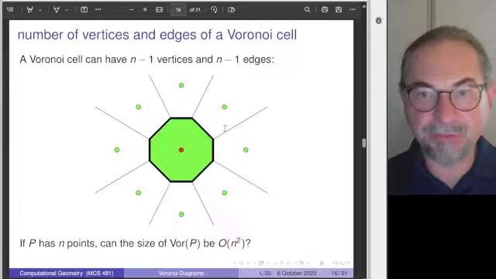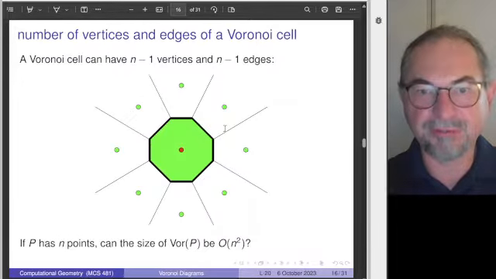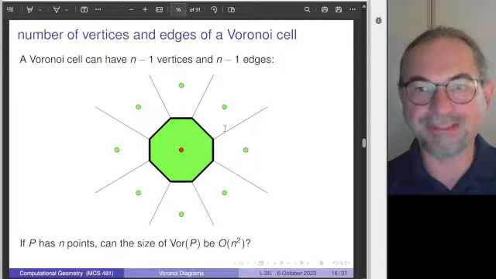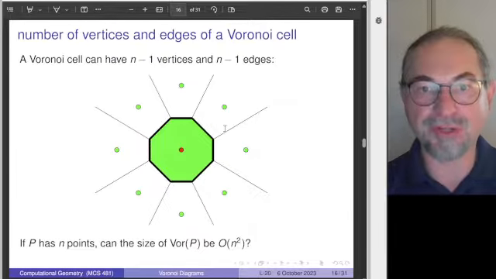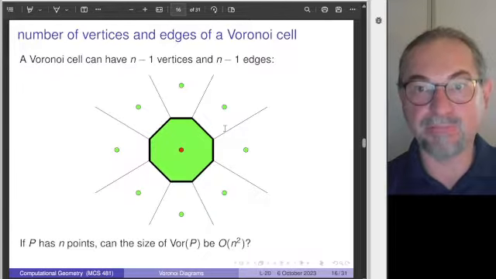In green, we focus on the green Voronoi cell, which is an octagon. So the octagon has 8 edges and 8 vertices. So for 9 points, we do have a Voronoi cell with 8 vertices and 8 edges.